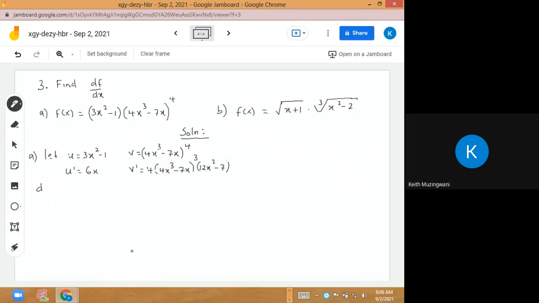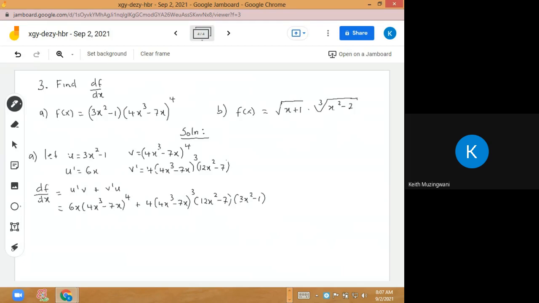Then we are saying f'(x) is equal to u prime v plus v prime u, meaning that u prime is 6x, v is (4x cubed minus 7x) to the power 4, plus v prime is (4x cubed minus 7x) to the power 3 multiplied by (12x squared minus 7) multiplied by u, which is 3x squared minus 1.